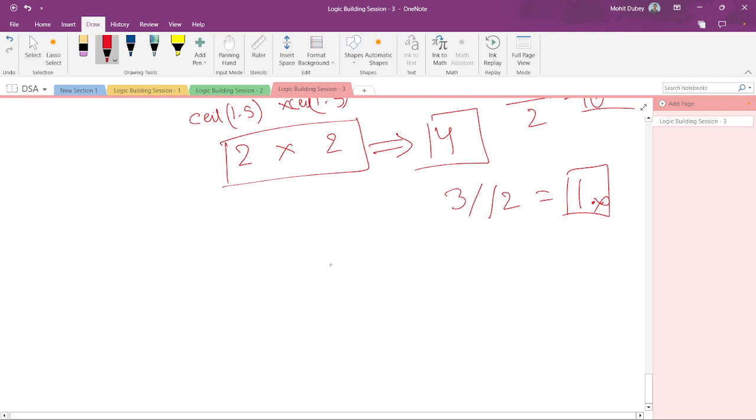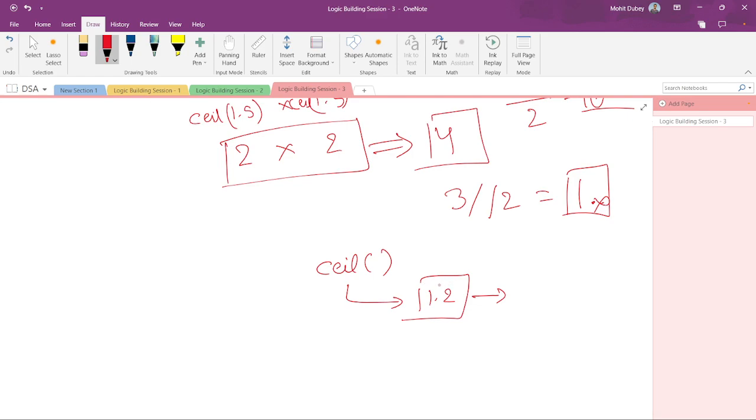Same goes with ceil. What is ceil? Suppose you have 1.2, so it returns the closest value that is greater than the original value that you have provided.